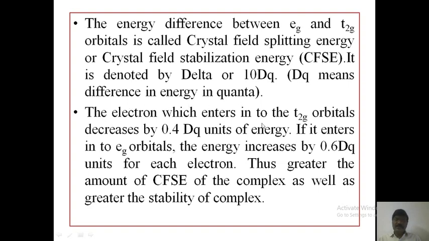The energy of an electron which enters the T2g orbitals decreases by 0.4 dq units, that is minus 0.4 dq in the diagram. If it enters the Eg orbitals, the energy increases by 0.6 dq units for each electron. Thus, the greater the CFSE of the complex, the greater the stability of the complex.